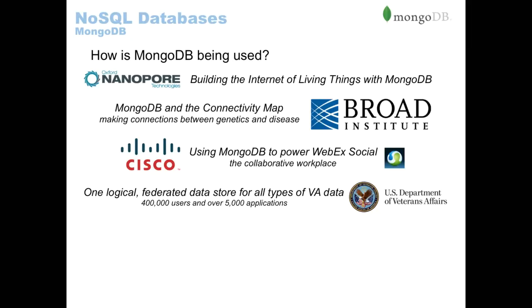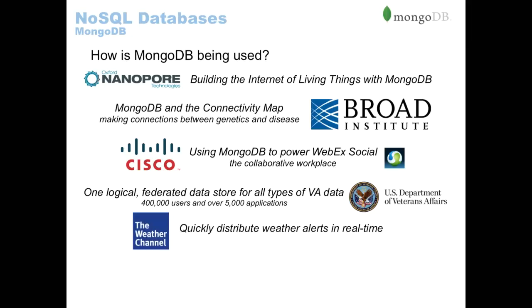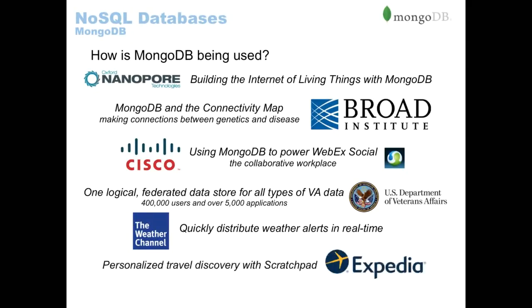And they currently have 400,000 users and over 5,000 applications using their MongoDB implementation. The Weather Channel is very interested in distributing weather alerts in real time to specific locations, and personalized travel discovery with Scratchpad from Expedia.